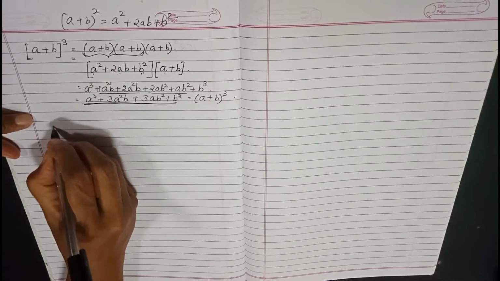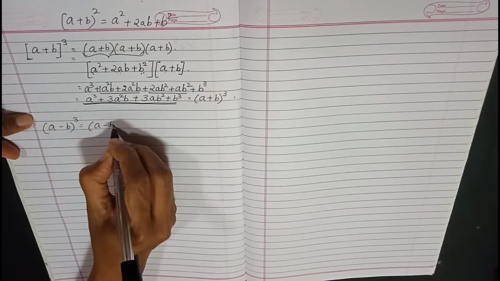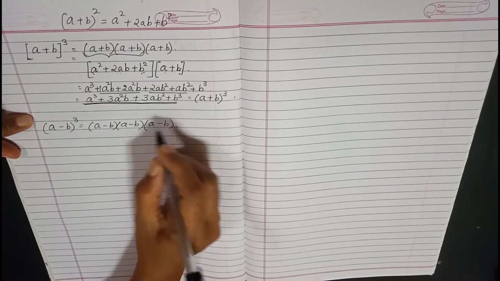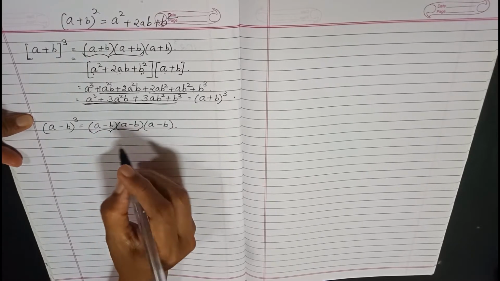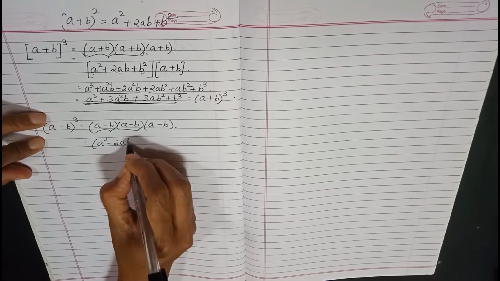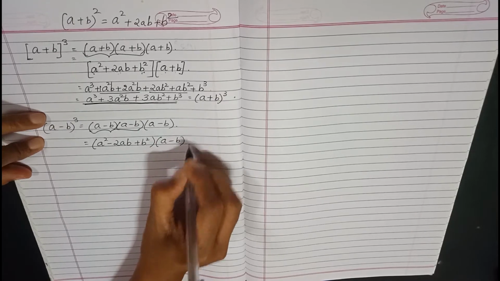Now let's look at (a minus b) the whole cube. This also means that (a minus b) is multiplied thrice. Now similarly, the first two brackets is nothing but (a minus b) the whole square, which is a square minus 2ab plus b square, and multiplied by (a minus b).